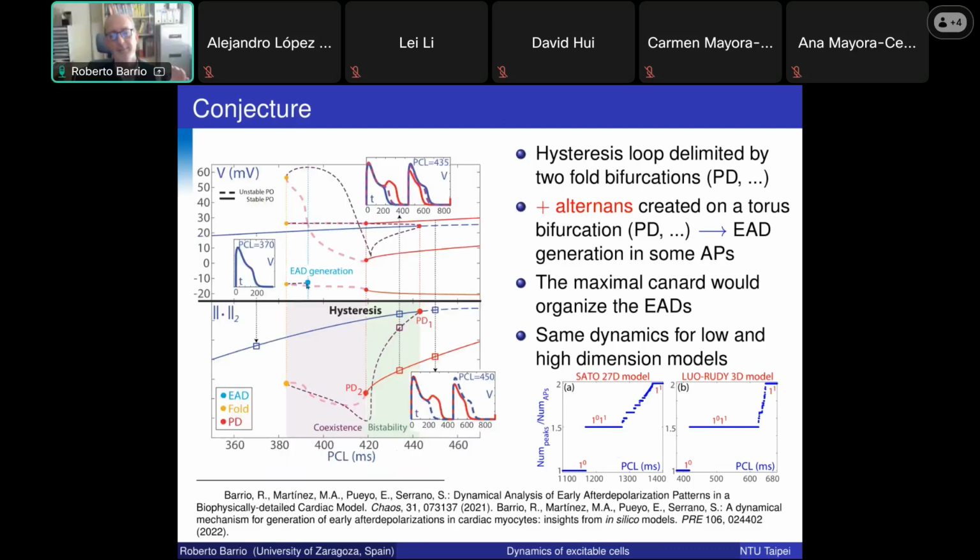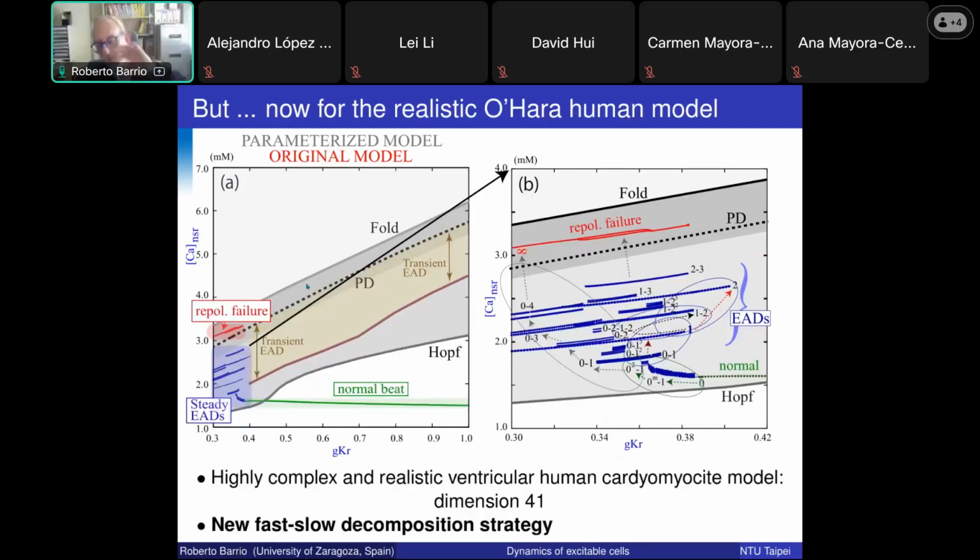But again, this is the 3-dimensional. So, in fact, we are happy because quite recently, for the 41-dimensional O'Hara human model, we have really been able to make continuation by using a new fast-slow decomposition strategy.